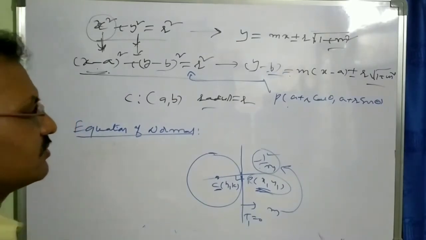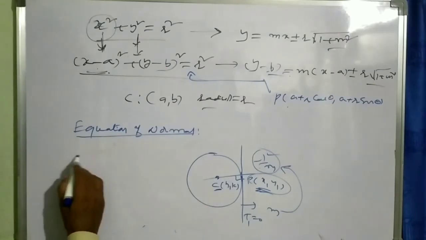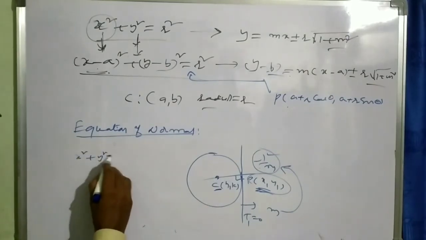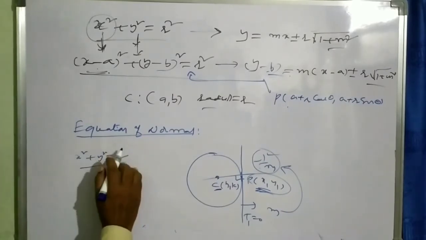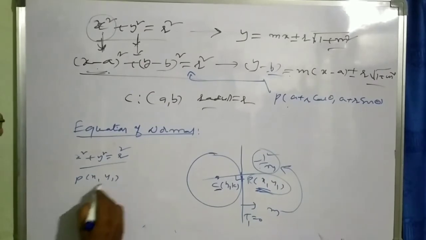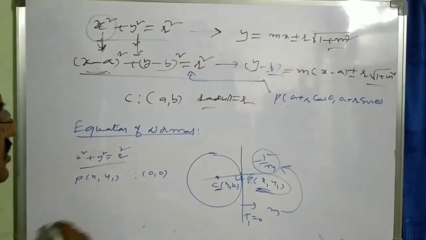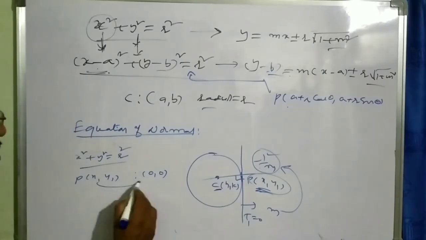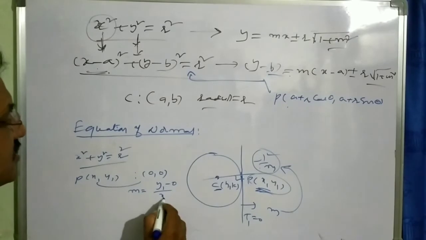Very simple. Take the circle x square plus y square is equal to r square. At the point P (x1, y1), the normal equation is as follows. Here the center is (0, 0). So the slope m is equal to (y1 minus 0) by (x1 minus 0).